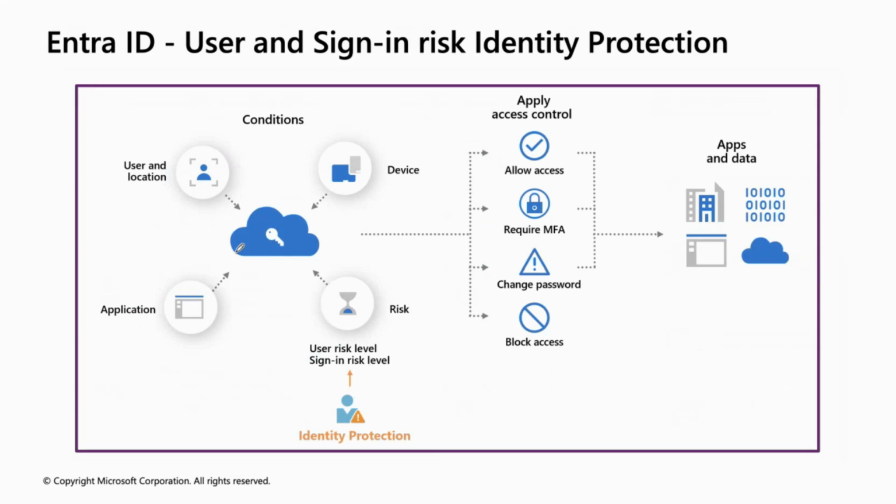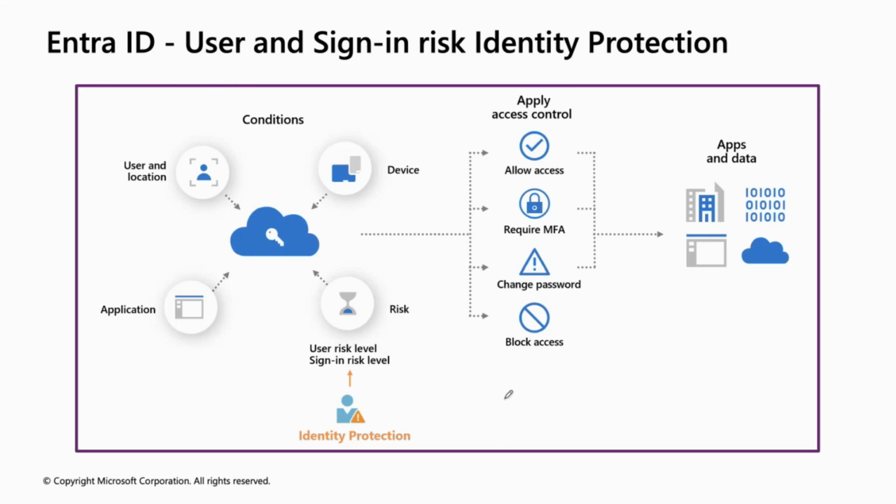Here you can set up either a user risk policy or a sign-in risk policy. Anyone who has worked with Entra must know that earlier, Entra Identity Protection was a separate feature, but now it is included under conditional access policy by Microsoft.